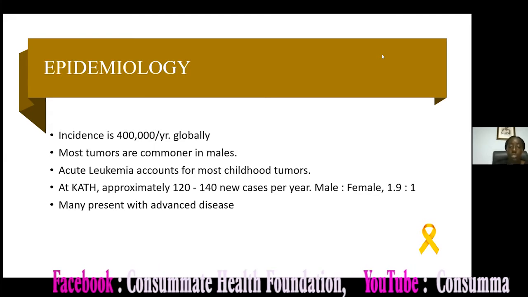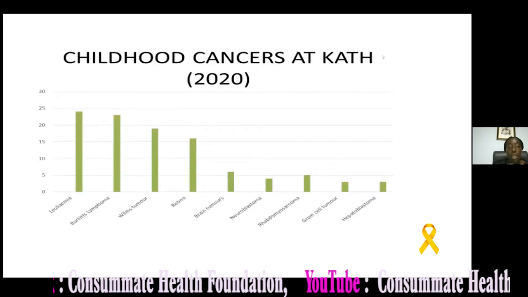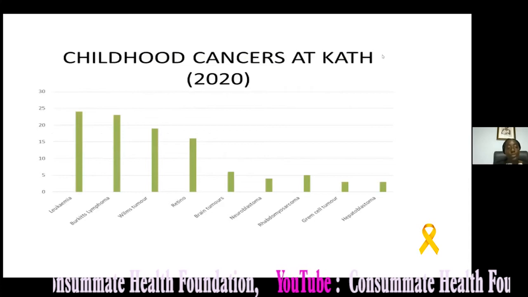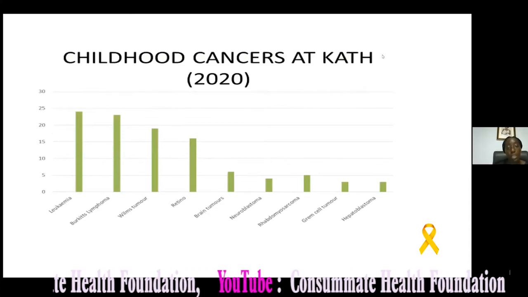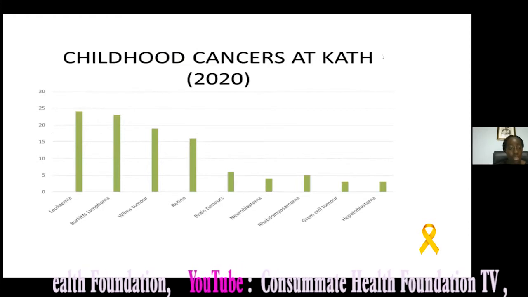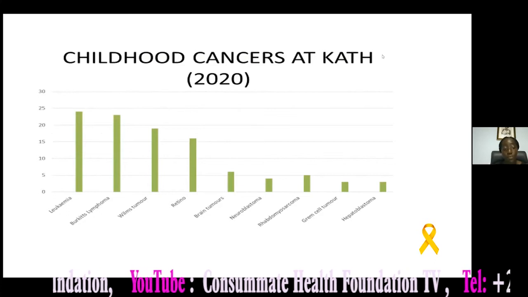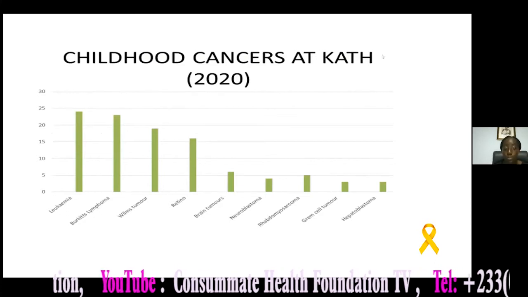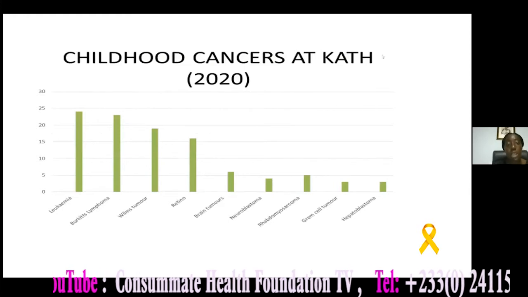So these children have poor prognosis and most of them have a higher mortality. This graph shows the common cancers we see at KATH. Leukemia is the highest, followed by lymphoma, Wilms tumor, retinoblastoma, and brain tumors. Those are the 5 common cancers we see at Komfo Anokye.